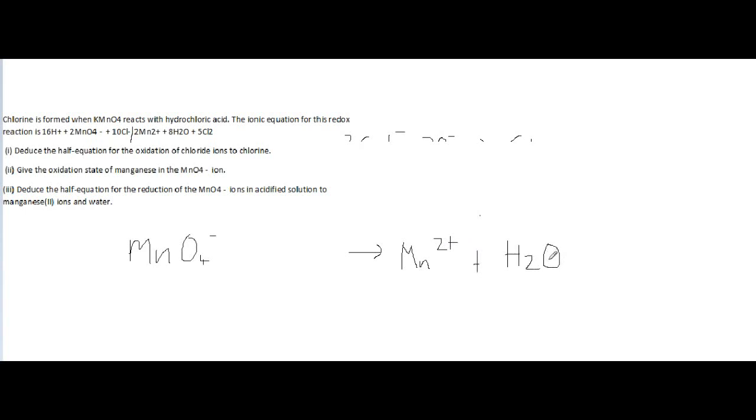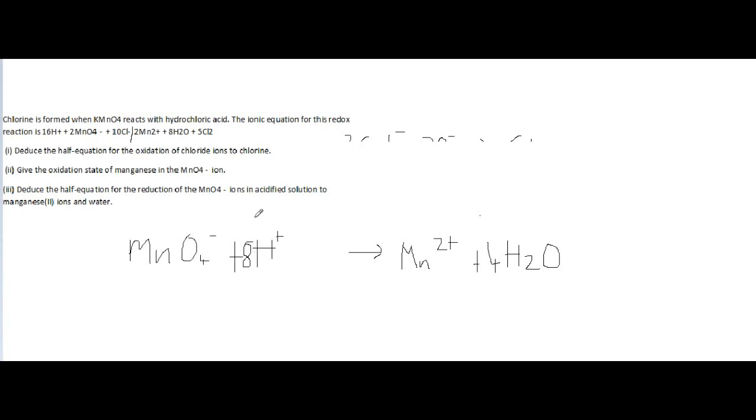Now, for the water, you account for where the oxygens end up. The oxygens end up in the water, and there are 4 oxygens, so we put a 4 here. But now we need to figure out the hydrogens. In an acidified solution, there will be hydrogen ions dissociated. So we can add in hydrogen ions to account for the hydrogens on this side, and we end up with H plus. But there are 8 hydrogen atoms over here, 4 times 2 is 8, so you have to put an 8 in front of this.